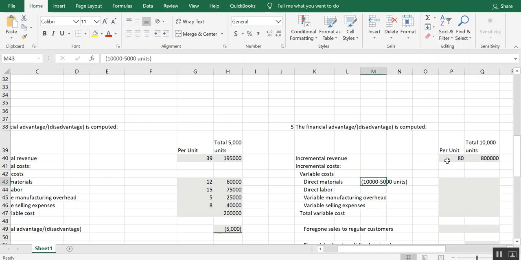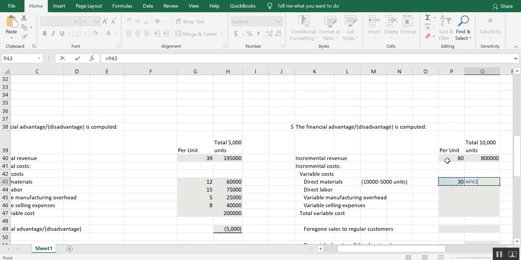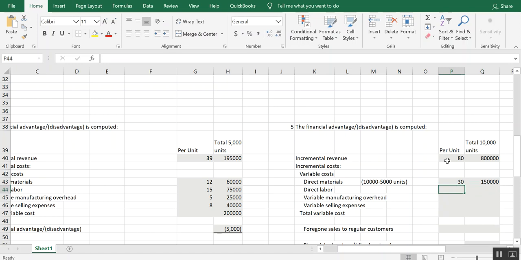So it's going to be the 10,000 unit sale minus the 5,000 units we have to cut back from regular customers. In this case, we're going to take the $30 per unit times 5,000. We have $30 per unit here. We're going to take 30 per unit times 5,000. We have $20 per unit here for direct labor.